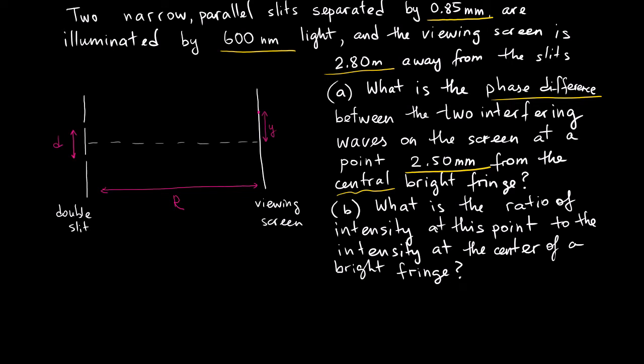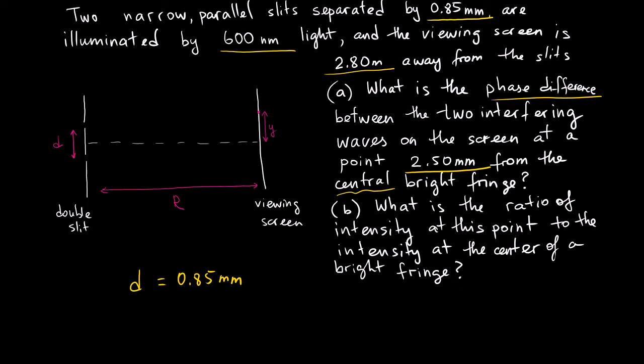So as I already pointed out in the notations on the picture, D is the separation between two slits. So D equals 0.85 millimeters. Let's remember for the future that this is not in meters. We might need to do converting.